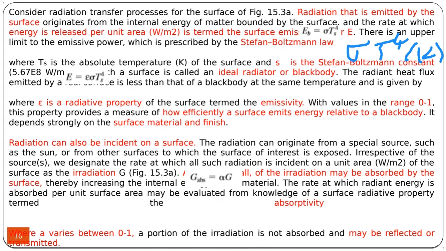What is the efficiency of a solar panel? It's about 20%, right? So it means that a solar panel of 1 square meter provides 200 watts. So it starts with a very large value. Outside the atmosphere it is 1,300.